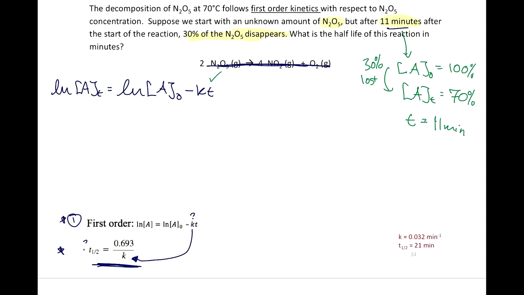This is absolutely enough information to shove into our integrated rate law and calculate K, our rate constant. So natural log of 70 equals natural log of 100 minus K, that's what we're solving for, times the time it took, so 11 minutes.